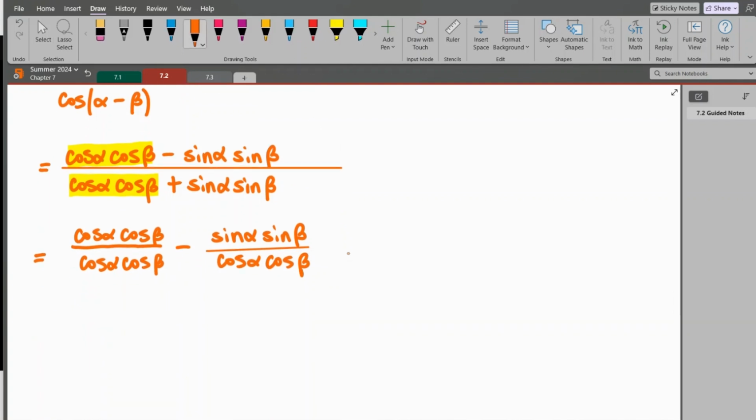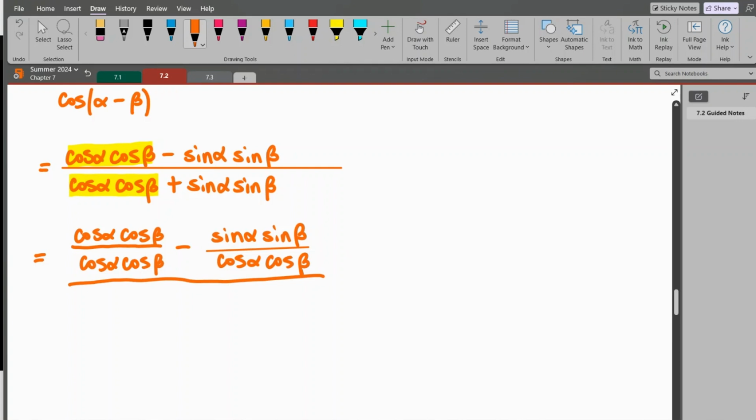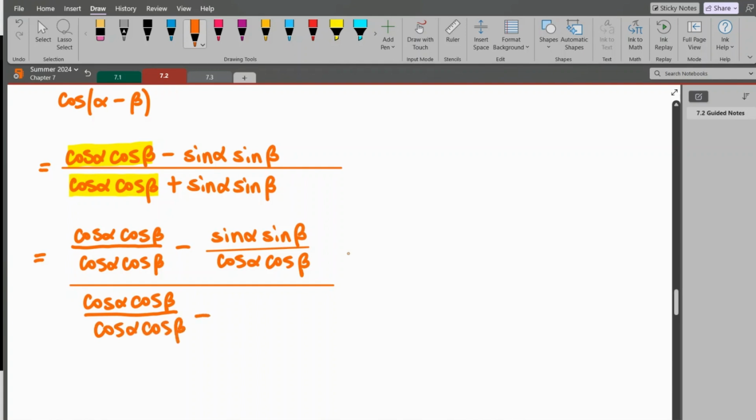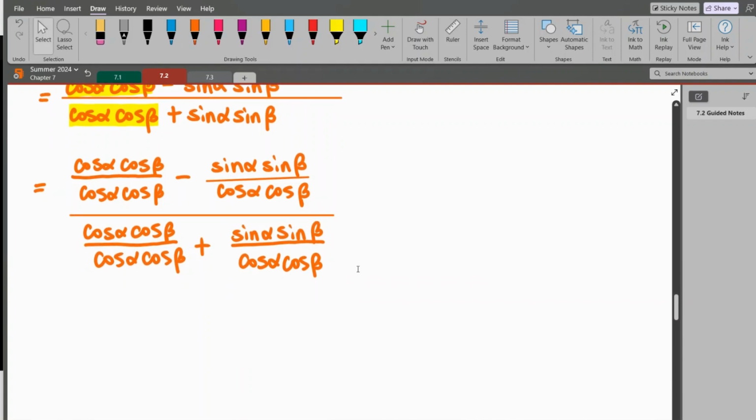So that's just the numerator. And then our denominator here, again, we want to divide everything here by also cosine alpha, cosine beta. And this should be addition here. There we go.